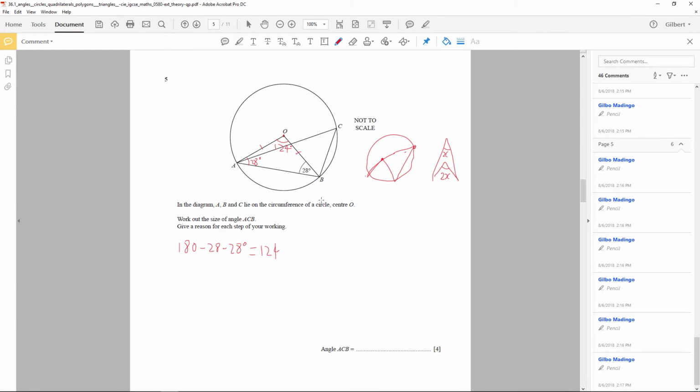Okay? So if this is 124, then angle ACB would equals to half of 124. So angle ACB is equals to 124 divided by 2, which is 62 degrees. Okay, 62 degrees.